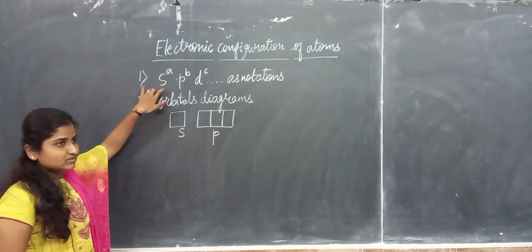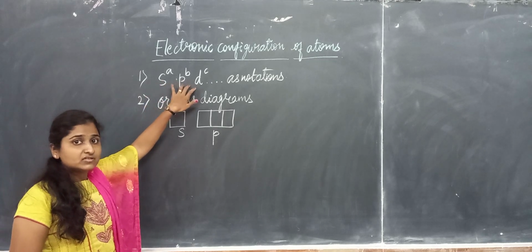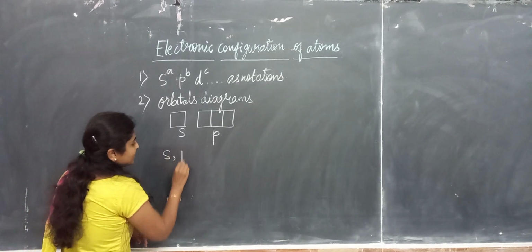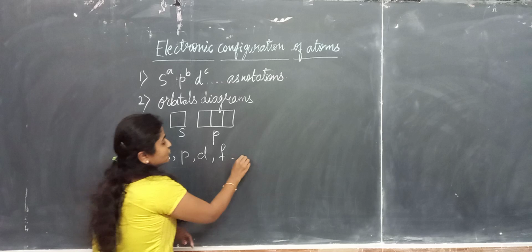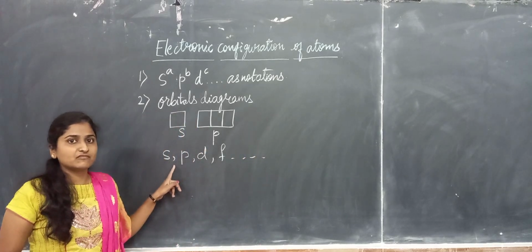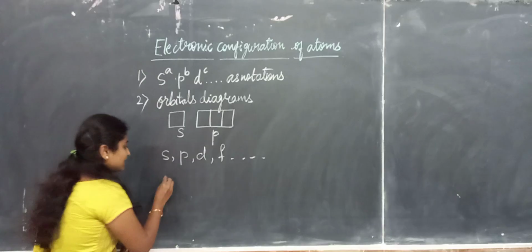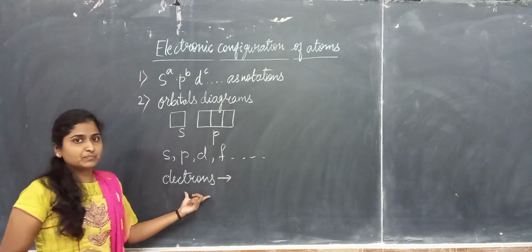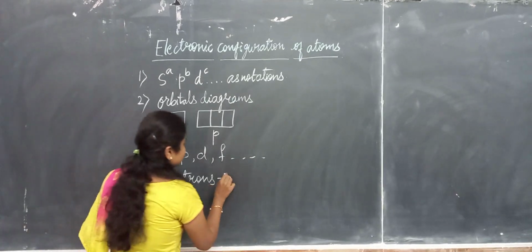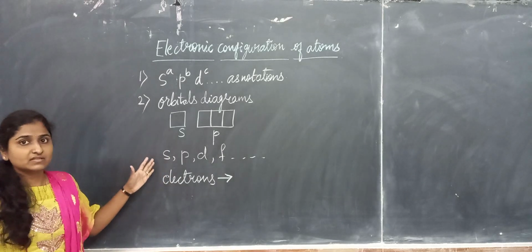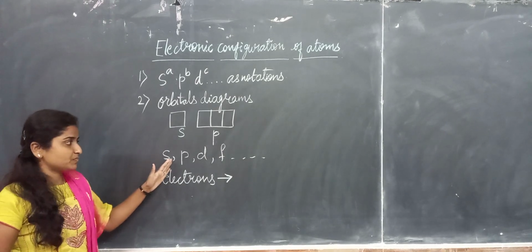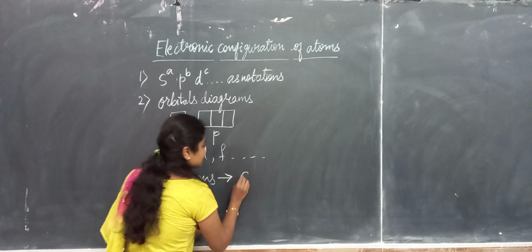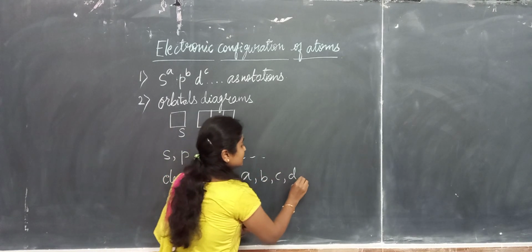In the first notation, that is in the form of respective letter symbols, we will be writing the subshells as letters, that is s, p, d, f and so on. The electrons are represented as superscripts, that is a, b, c and so on.